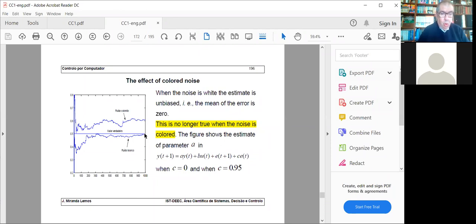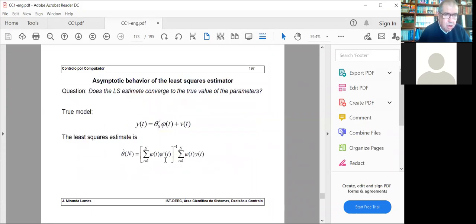Okay, so when you have colored noise, least squares does not yield a zero average for the error. So the estimation error has an average which is not zero, an average with respect to making a lot of observations.